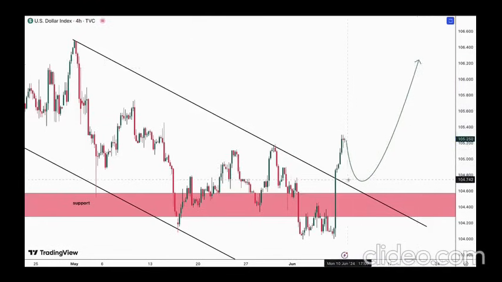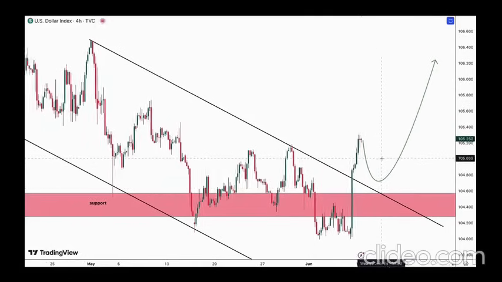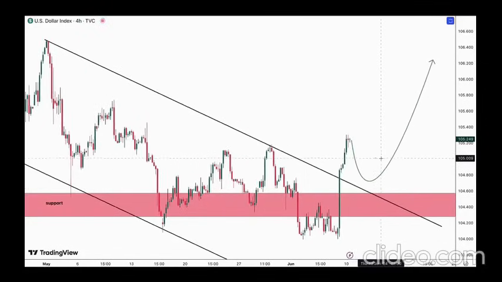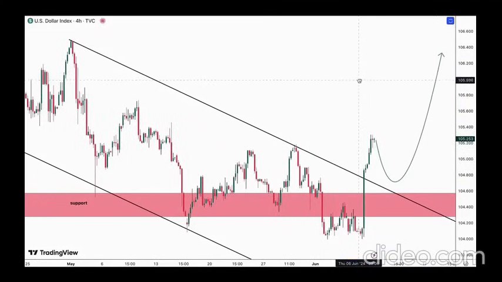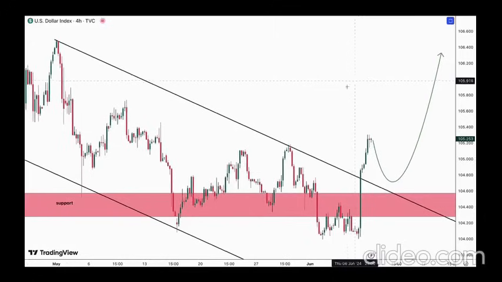Yeah, it can be here or touch the trend line. I don't know, but to touch the trend line, no, that is impossible. But it may test, then proceed with this upward movement, guys. So I think that will be enough for DXY, and I already knew this is an uptrend.